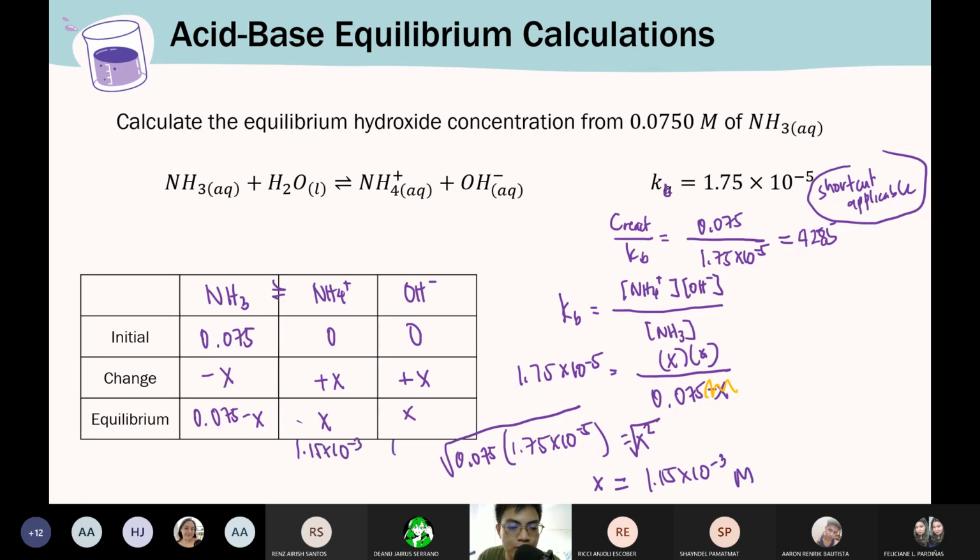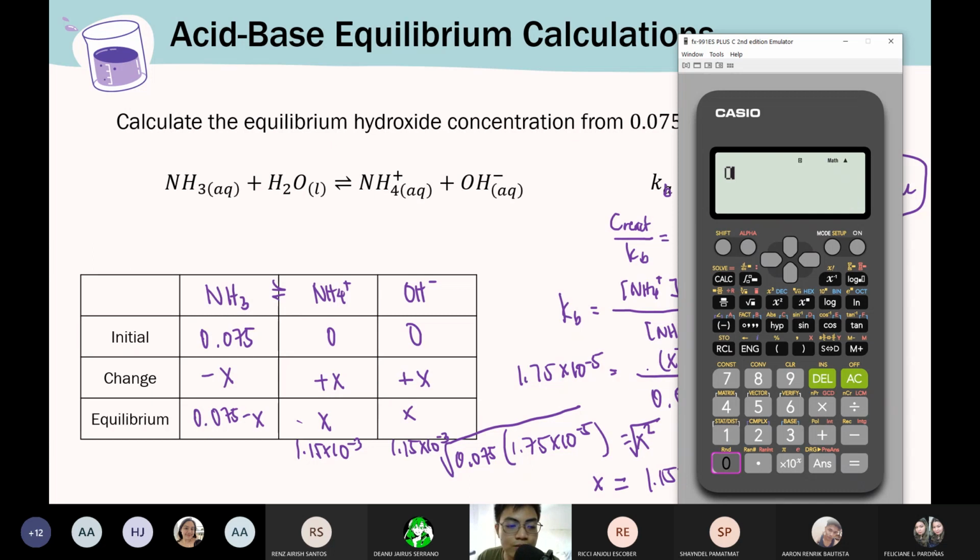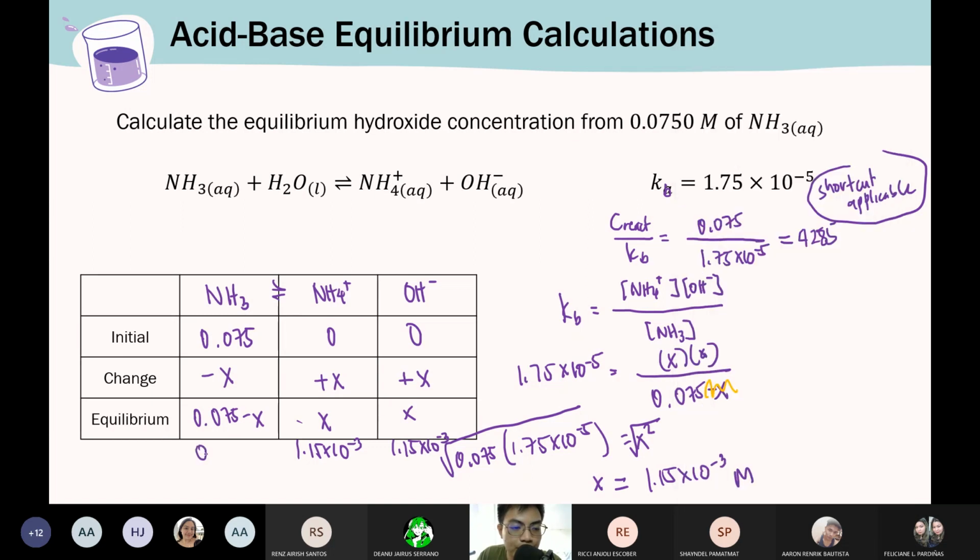Ito na rin yun. So 1.15 times 10 raised to negative 3. And this one, so that will be 0.075 minus 1.15 times 10 raised to negative 3 or 0.074. Okay, so those are their equilibrium concentrations.